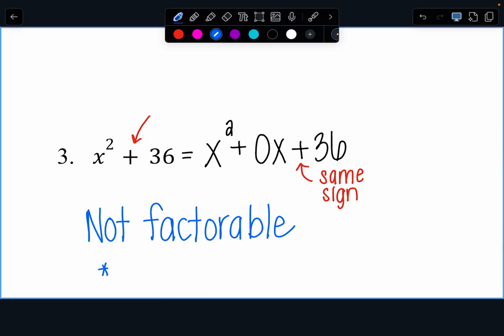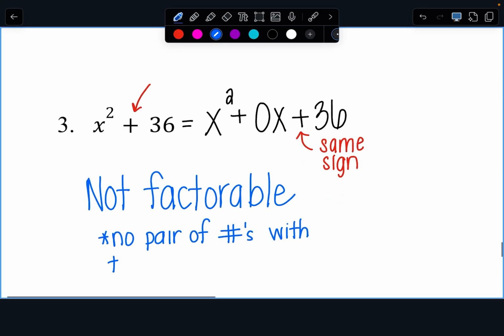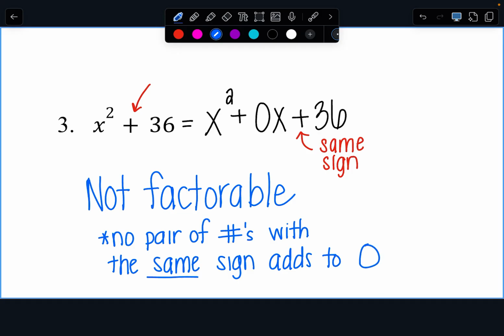And that's because no pair of numbers with the same sign adds to 0. So that's a really important part of this. It has to be a minus sign in between those to follow this pattern. Okay?